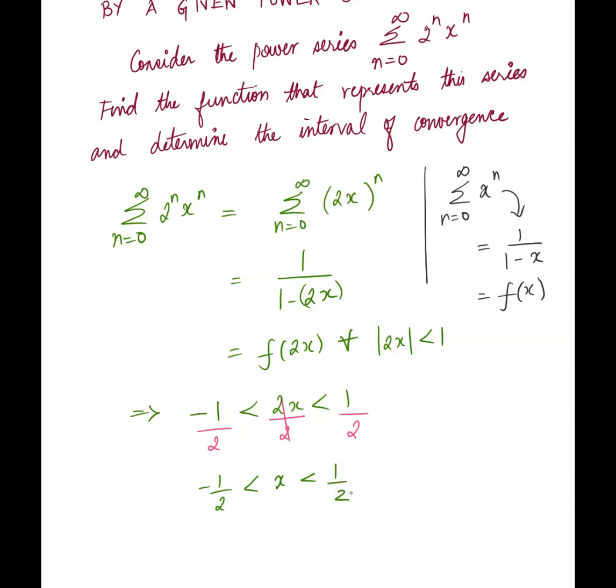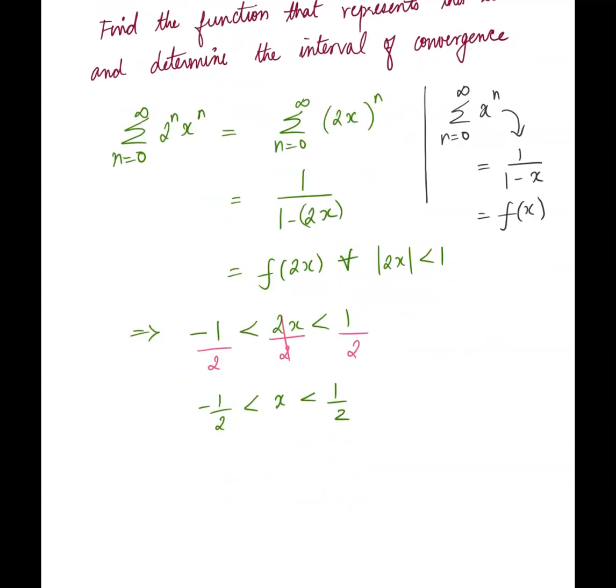Yeah? So the new function f of x. We call it f of x because that's a general format. So you don't say 2x because you're trying to create a new function.